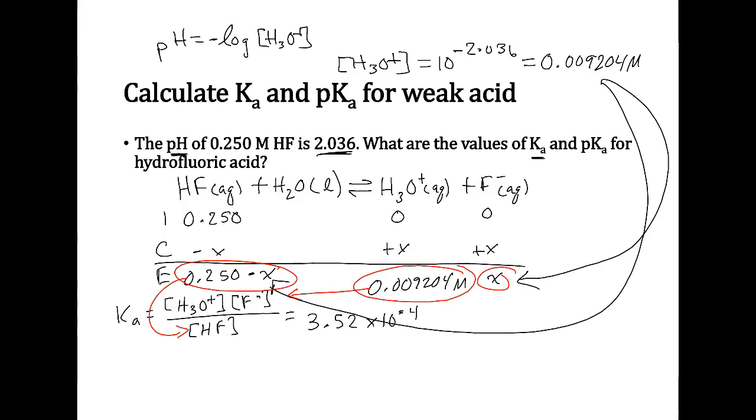And then if we're going to look for pKa, pKa is again equal to the negative log of Ka. So plugging that in, we get the pKa to be somewhere around 3.45. Now the neat thing about this problem is we can go ahead and double check our work, because we know what Ka and pKa are for HF.